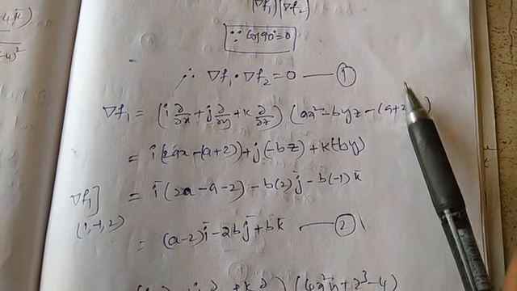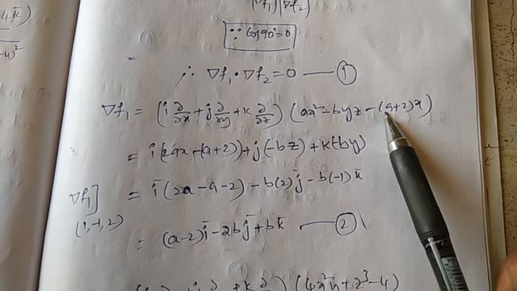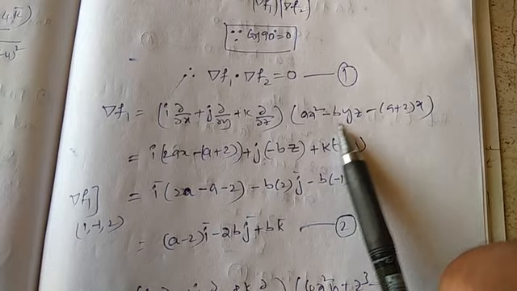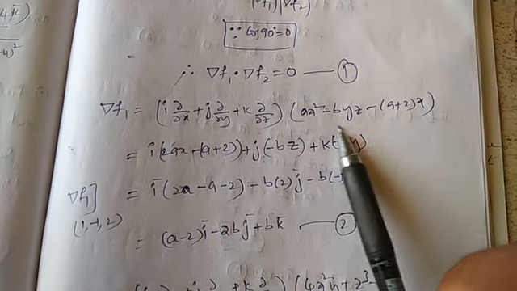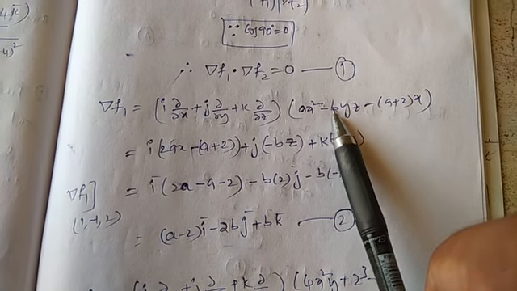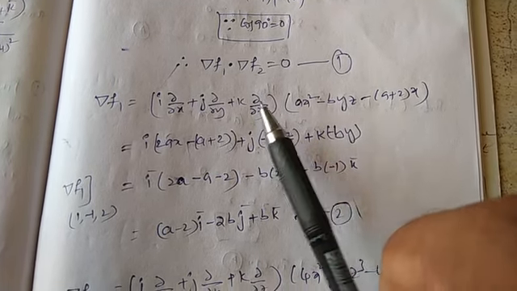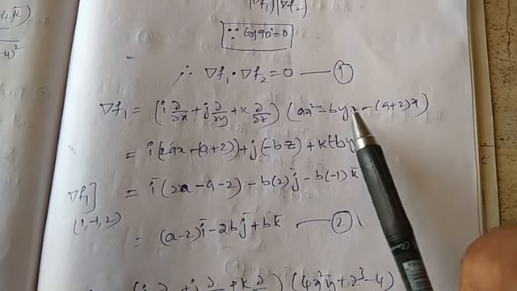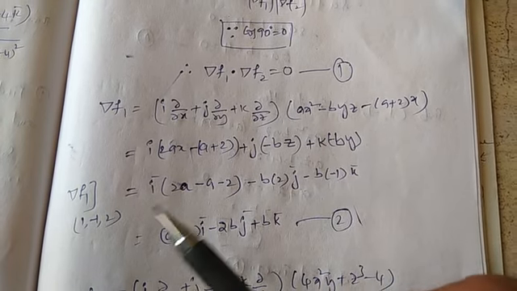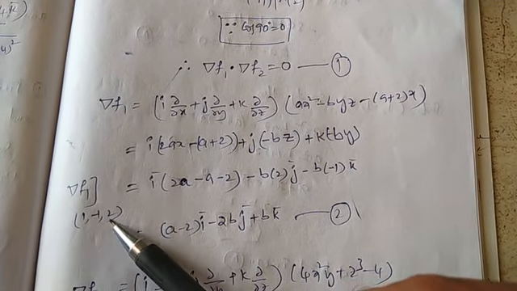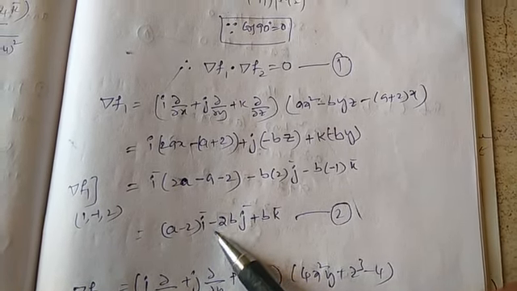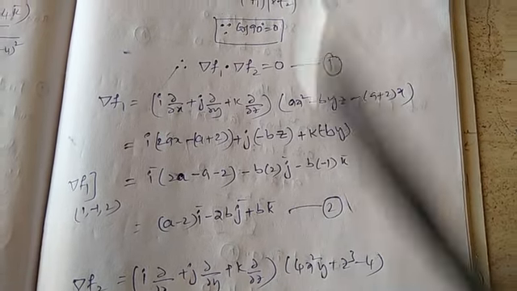Now this term's derivative is minus half a plus 2, i, plus j into d by dy, this term 0, only this term's derivative with respect to y, we have minus bz, plus k into d by dz of the z term, this term 0, only this term's derivative with respect to z is minus by. Now del f1 at 1 comma minus 1 comma 2, substituting the point, we have a minus 2 into i minus 2bj plus bk, equation number 2.